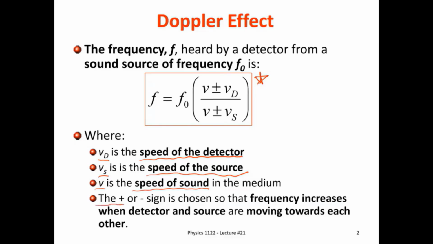And then the plus or minus sign is chosen so that the frequency increases when the detector and source are moving towards each other, or decreases when they're moving apart. And I'll illustrate with an example how we would go about choosing whether we should select the positive sign or the negative sign when we're doing our calculation using this equation.